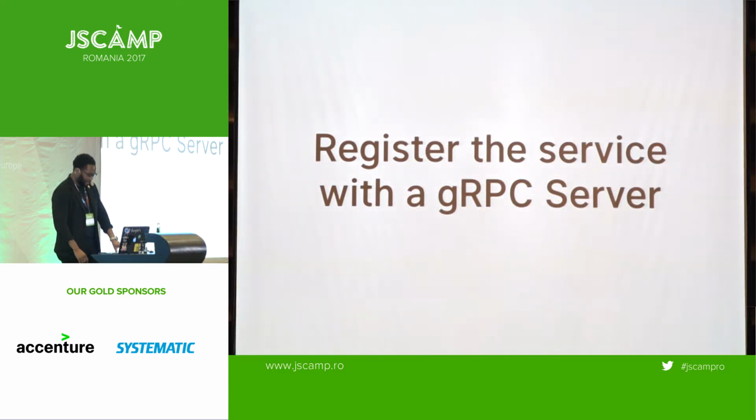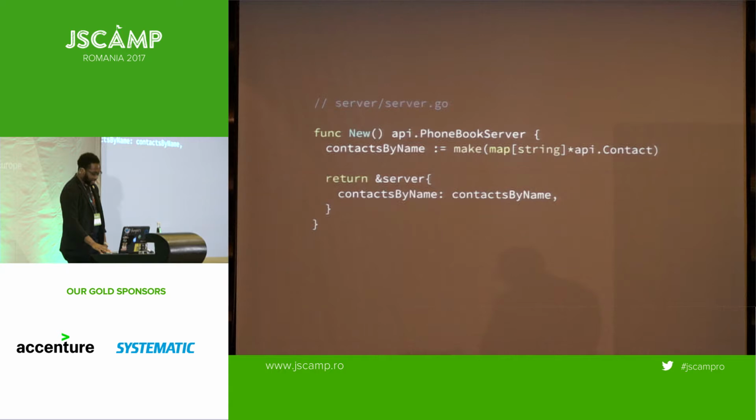The next step after this is to register the service with a gRPC server. So I don't have magic here and there, we instantiate the server in a new function that simply creates a new instance of our server struct.